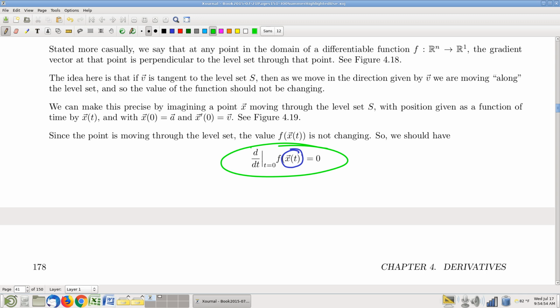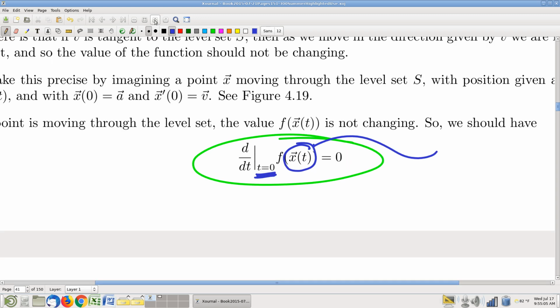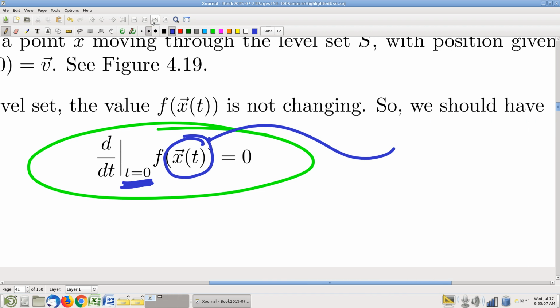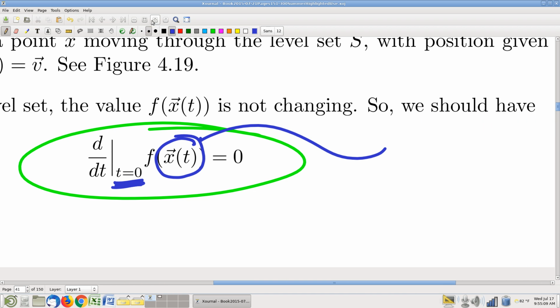Now, let's take a closer look at this curve. This curve here, x of t, at that moment when t is equal to 0, when we're at the point that we're interested in, we are at the point A and moving with velocity, well, some velocity, dx dt, however you want to say it.